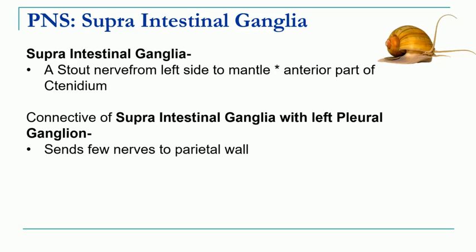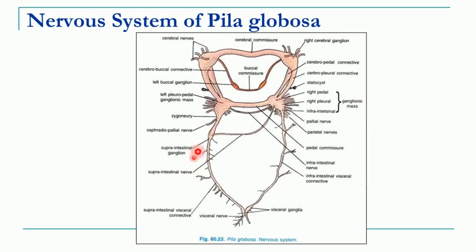Now the connective present between the supraintestinal ganglion and the left pleural ganglion sends several nerves to the parietal wall. Here we can see several nerve connections coming out of this region. All these small branches are nerves going to the different organs of the body from this ganglion.